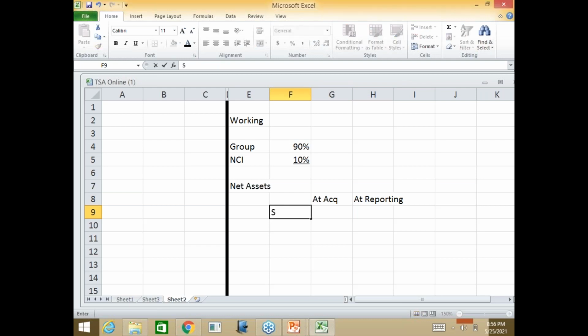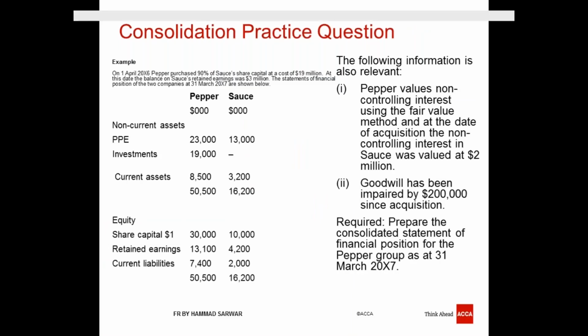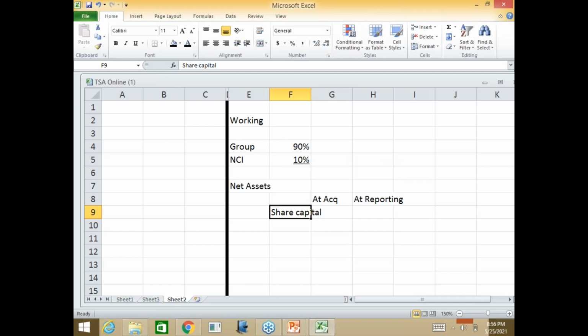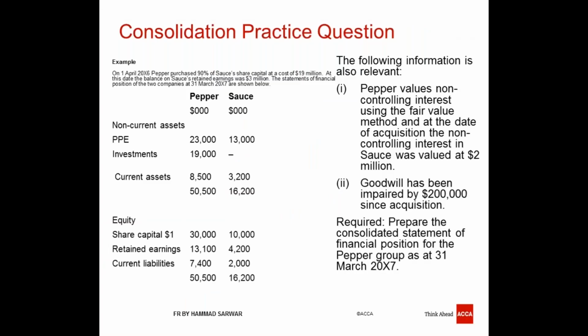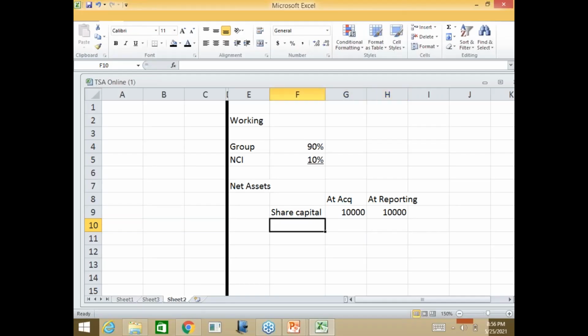The first thing is the share capital of subsidiary company, which is 10. So it should be mentioned 10,000 for both the sides. Then the retained earnings at the reporting date.